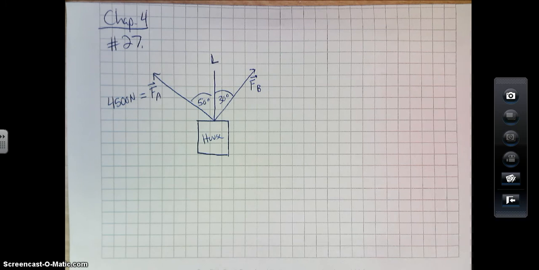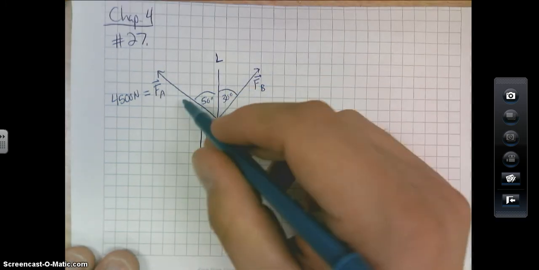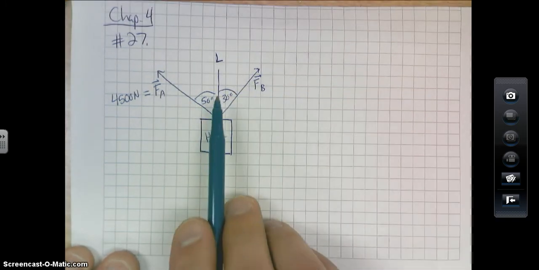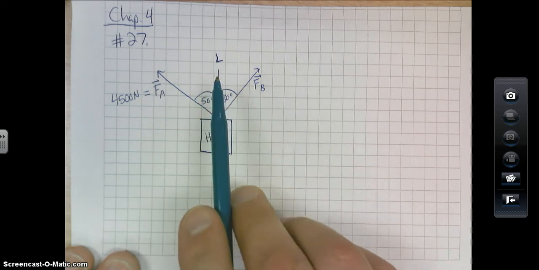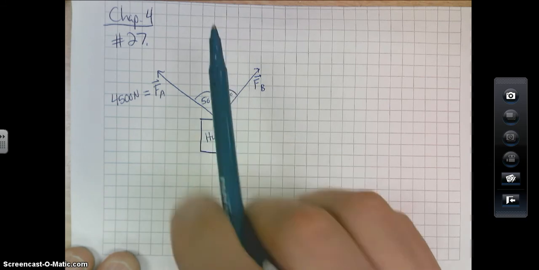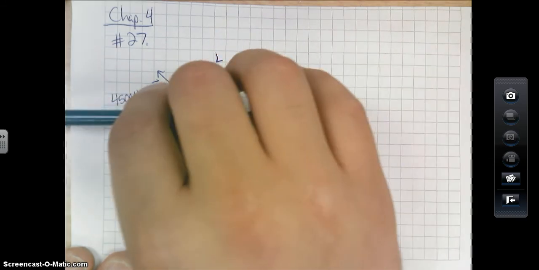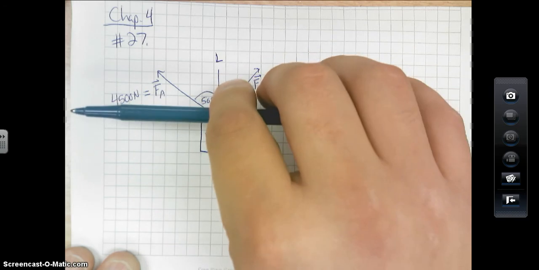Okay, so in this particular problem, we've got two vectors, and it's moving this way. Now the important part to remember is that if the object is moving this way, then I know that the forces that are acting horizontally must be equal to each other.